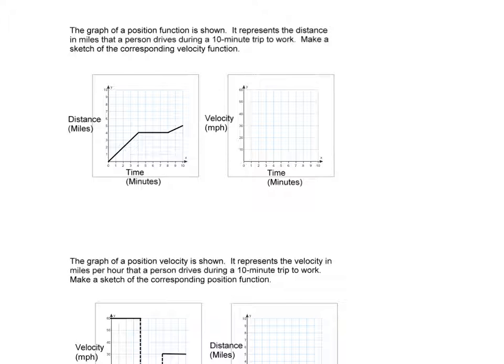All right, the last two questions are going to be trying to figure out the velocity, aka the derivative, and how that looks. Think about your slope and what that means. Just be careful because this is miles per hour and the other one is going to be in miles per hour as well. If we figure out the slope of each of these, that's going to be the easiest way to calculate what the derivative looks like.